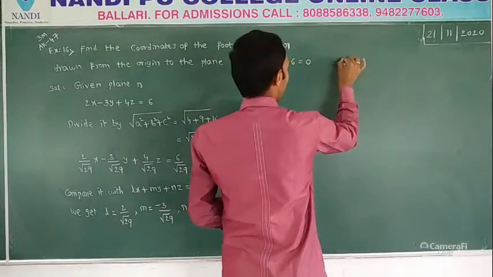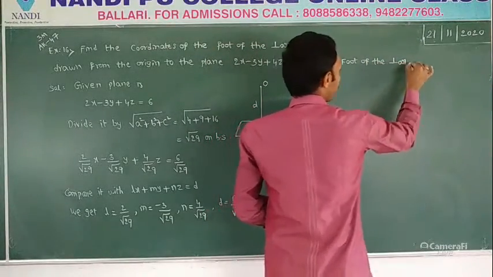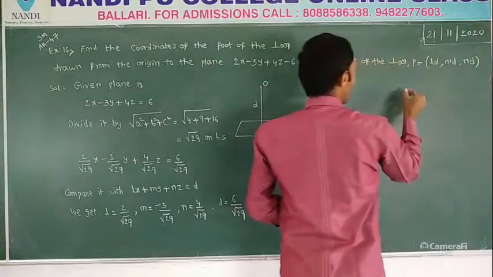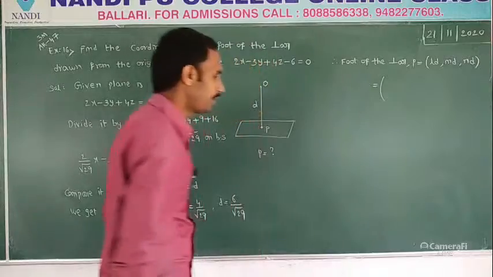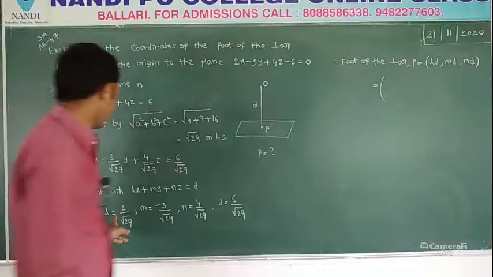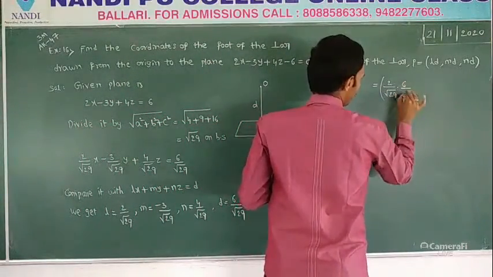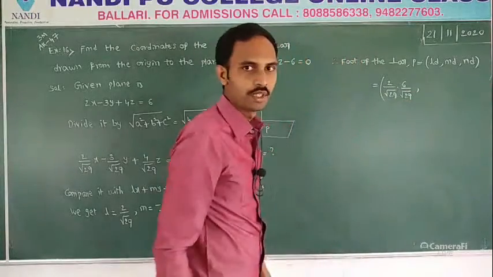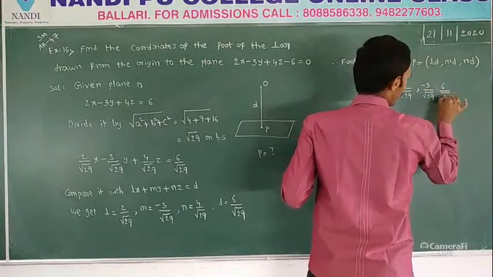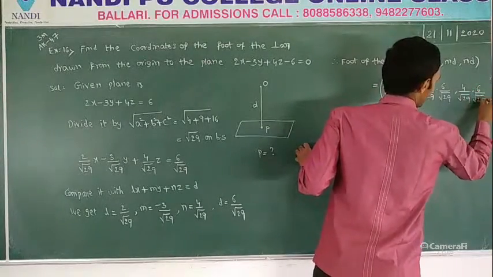Therefore, the foot of the perpendicular P is equal to (LD, MD, ND). So 2 by root 29 into 6 by root 29, comma, minus 3 by root 29 into 6 by root 29, comma, 4 by root 29 into 6 by root 29.